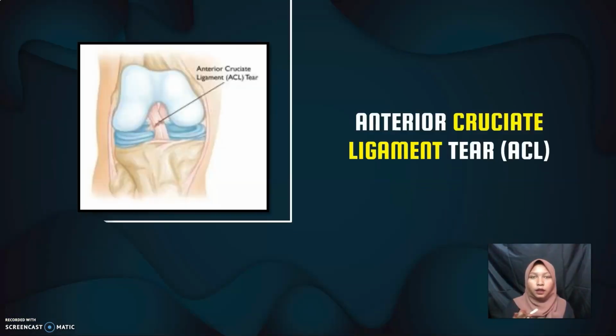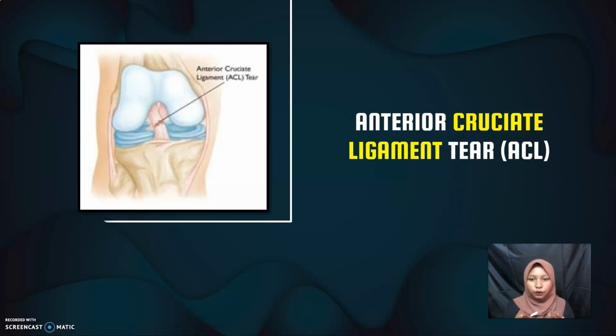ACL. At the knee, we have four types of ligaments. In the center we have the anterior cruciate ligament and posterior cruciate ligament, and on each side of the knee we have the lateral collateral ligament and medial collateral ligament.